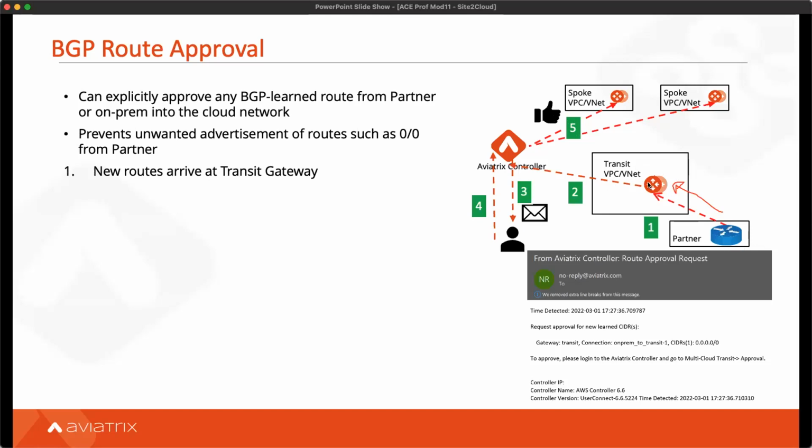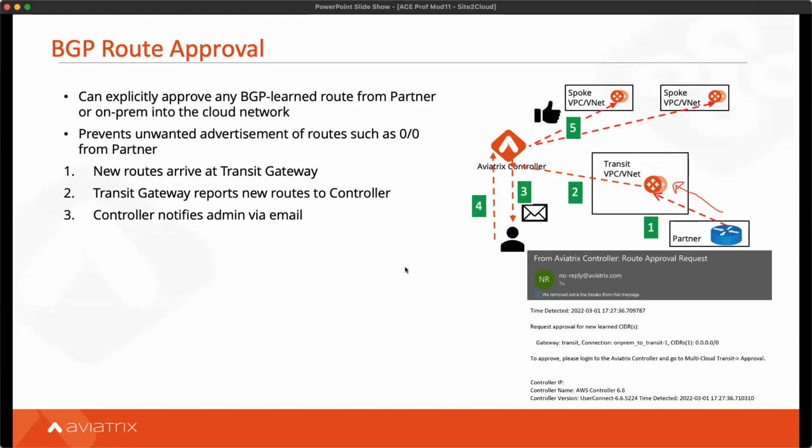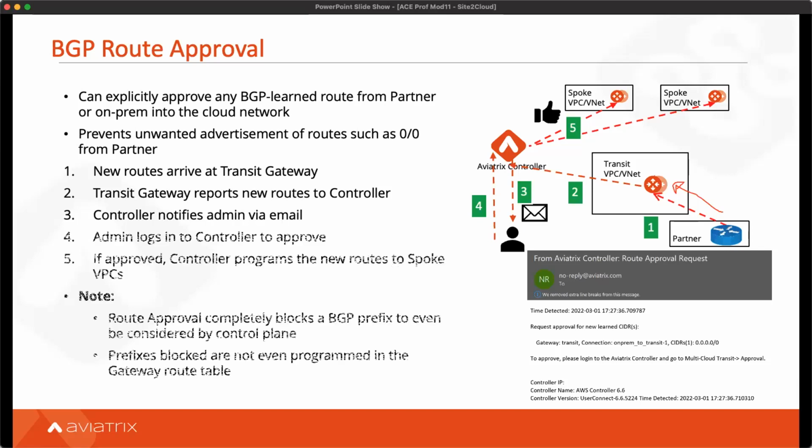The transit gateway will send this to the controller, and the controller will send an email to the administrators stating that there is a new route that we have received from this connection. Do you want to approve this route?